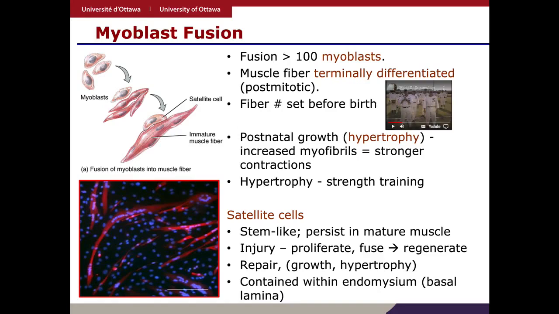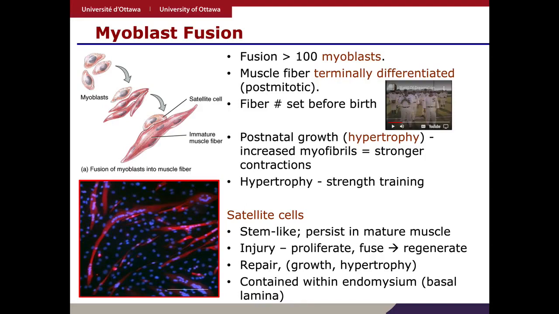Adult skeletal muscle has a remarkable ability to repair after injury. Skeletal muscle regeneration involves the activation of satellite cells, a population of muscle stem cells that are stimulated to divide by factors released by the degenerating muscle fibers.